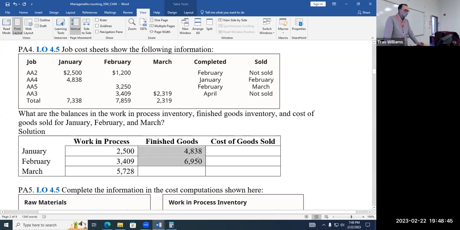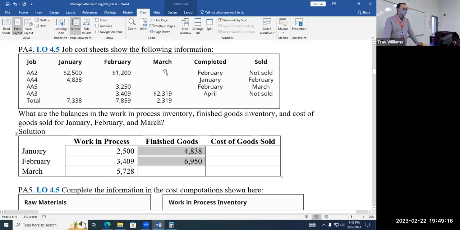Finished goods, we got January and February. Do we have any jobs? We don't have any jobs getting finished in March, do we? Oh, we don't, but this first job that got completed in February never got sold.